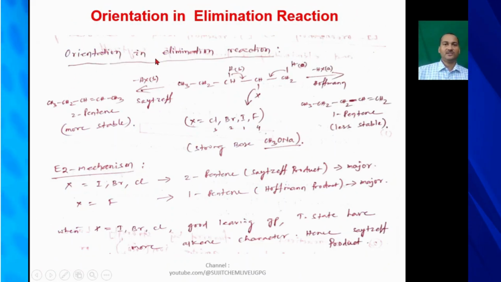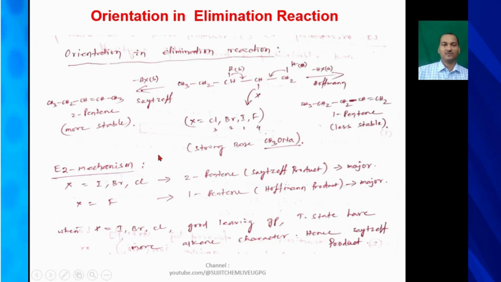Here is the orientation in elimination reactions. Suppose we take this alkyl halide. This is CHX. On this side a proton can be lost, and on this side this proton can also be lost. Let's mark this one as A and this proton as B. Which proton will be lost?